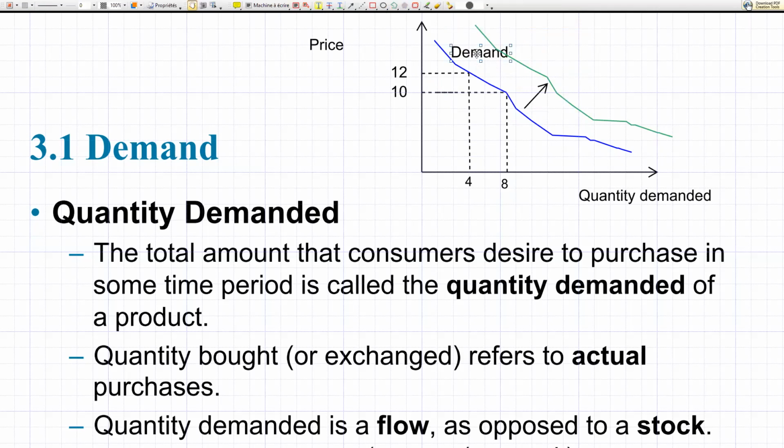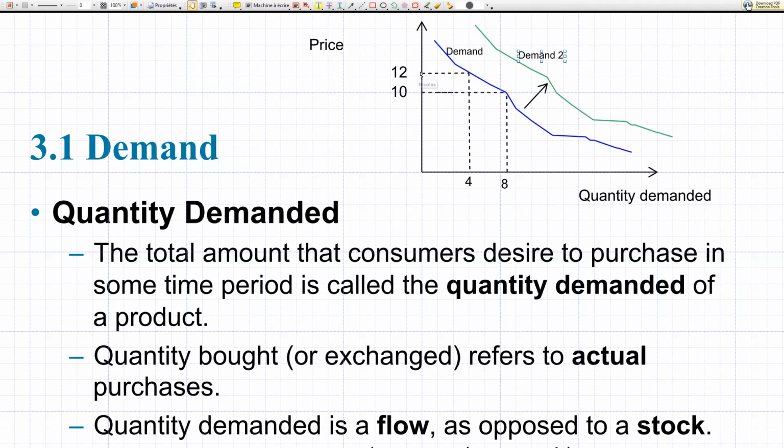So this would be demand 1, and this would be demand 2. Demand 2 is another relation between price and quantity, where some other factor that you don't see, like people's income or people's tastes, changes this relation.